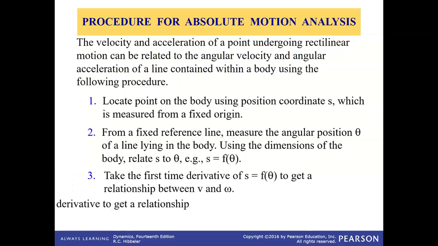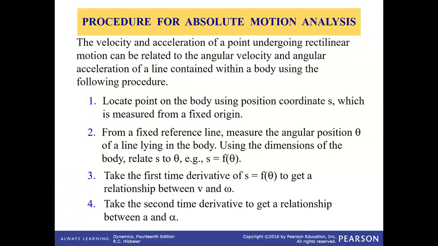So this slide explains the procedure for absolute motion analysis. The velocity and acceleration of a point undergoing a rectilinear motion can be related to the angular velocity and angular acceleration of a line contained within a body using the following procedure.